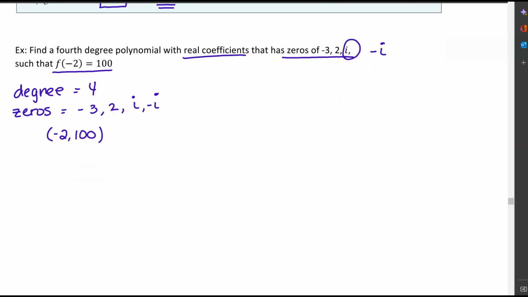So we're going to have f of x equals a, and then we're going to have x plus 3 times x minus 2 times x minus i times x plus i.